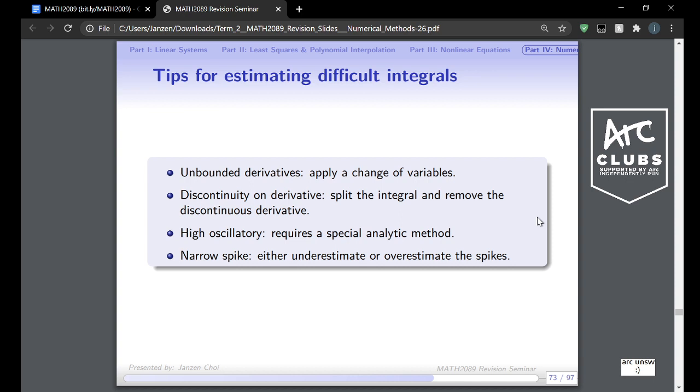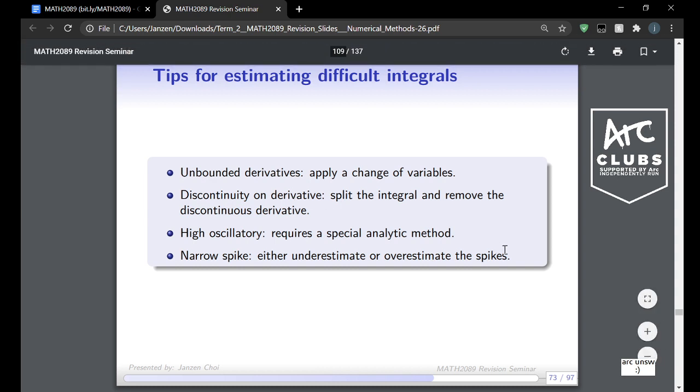Tips for estimating difficult integrals. If your integrating interval is not on minus 1 and 1, we can apply the change of variables to use Gauss-Legendre's rule. If there is a discontinuity in the derivative, we would have to split the integral at the discontinuity, evaluate the separate integrals and sum them together to get the integral of the whole expression.